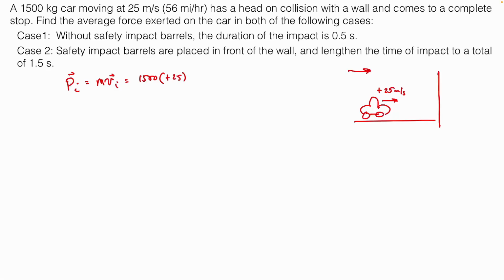That means I've called to the right positive x. So there's my initial momentum. Final momentum is going to be what? 0. Why is it 0? Not moving. So what does this have to do with force? What's the relationship between momentum and force?